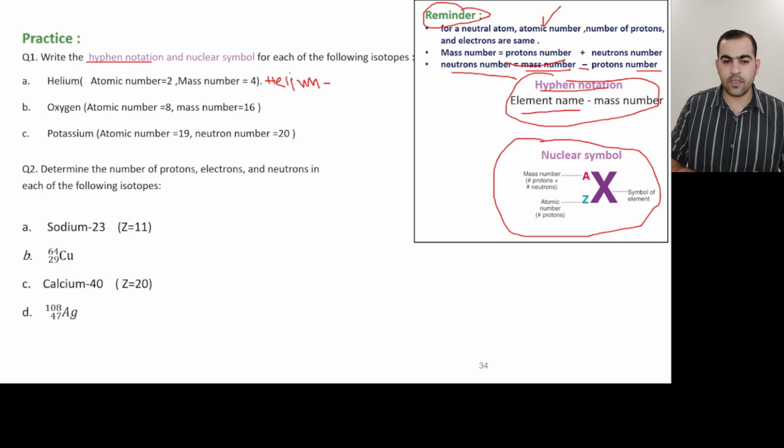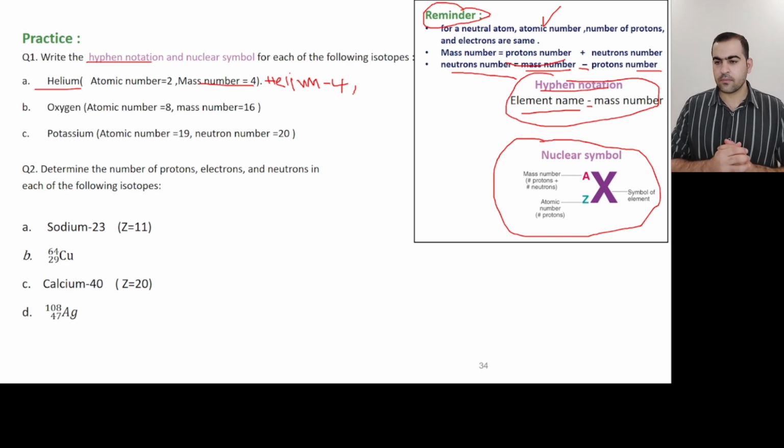Helium, then hyphen. Element name is given, helium, and hyphen, then the mass number. Mass number is given, it is 4, isn't it? Okay, 4.